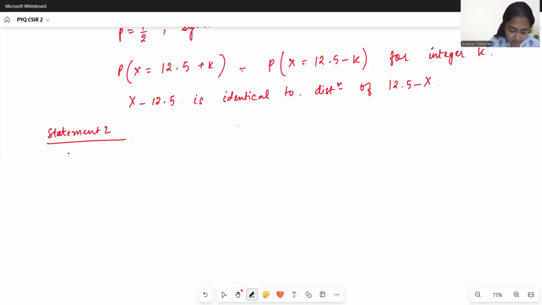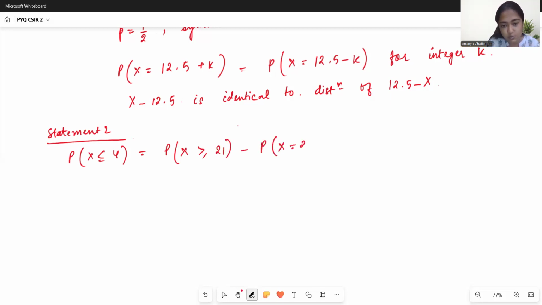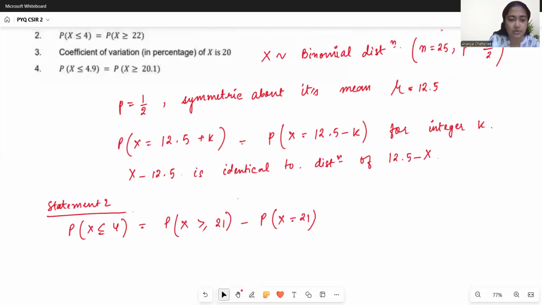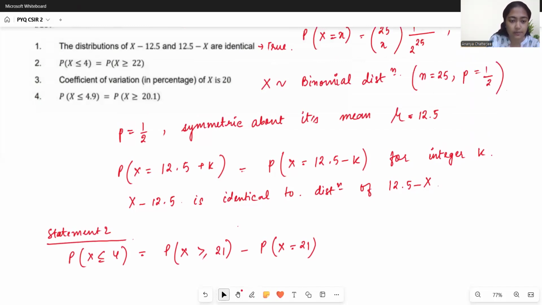by symmetry we can say that probability X less than or equal to 4 is equal to probability X greater than or equal to 21 minus probability X equal to 21, correct? So they are absolutely not equal.